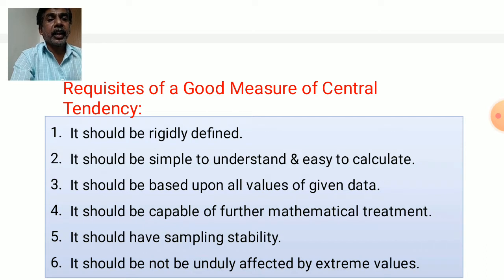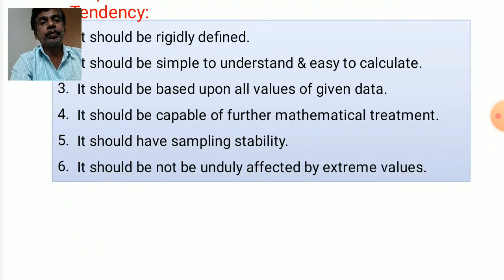And an average should be based upon all the values of a given data, capable of further mathematical treatment, have sampling stability, and not be unduly affected by extreme values. So these are the requisites of a good measure of central tendency or an average.